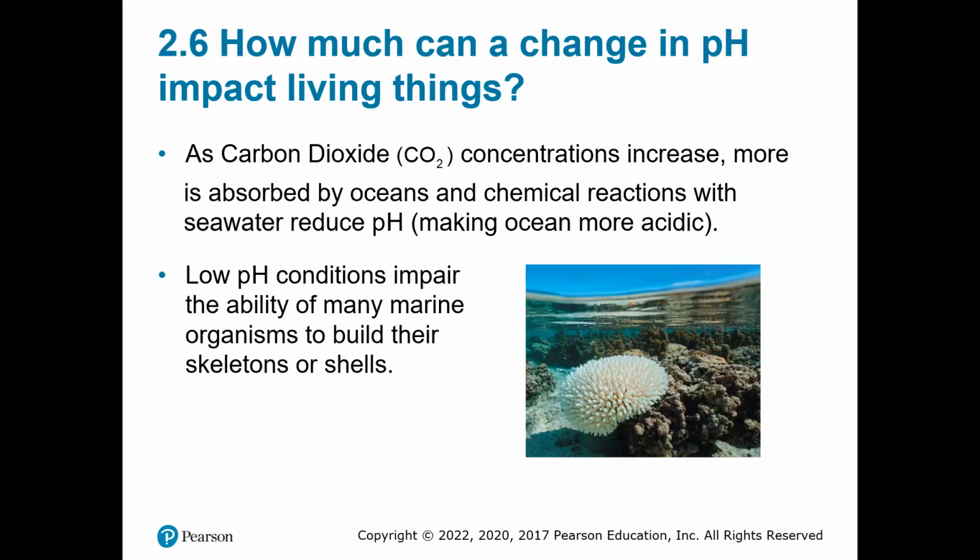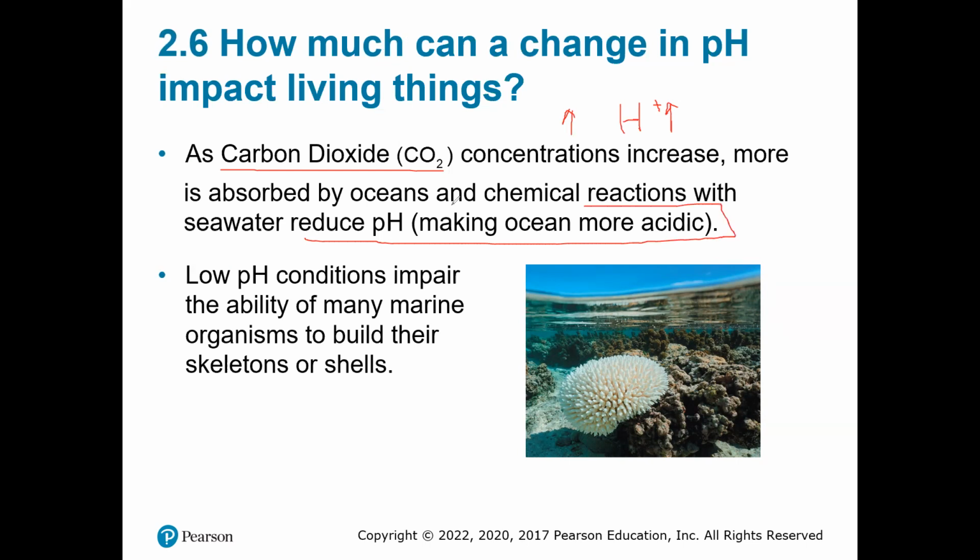So how does pH, if the carbon dioxide is directly correlated to hydrogen ion concentration, as carbon dioxide concentration goes up, hydrogen ions go up, things become more acidic.